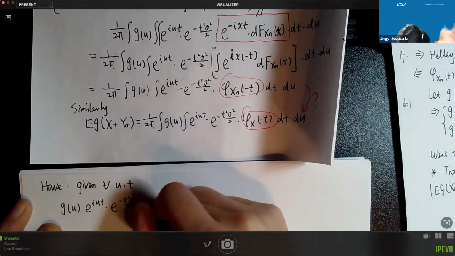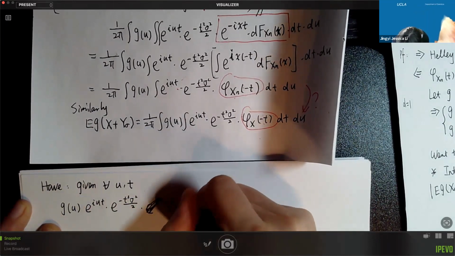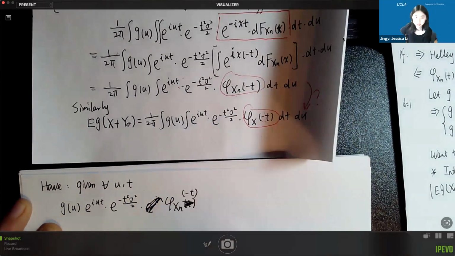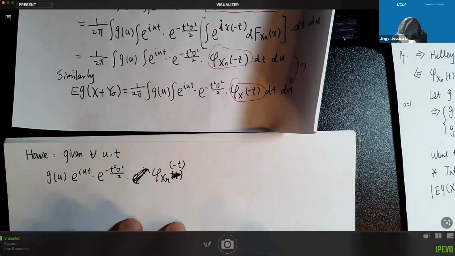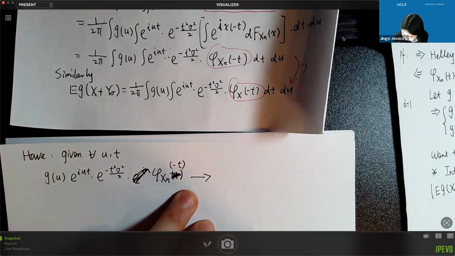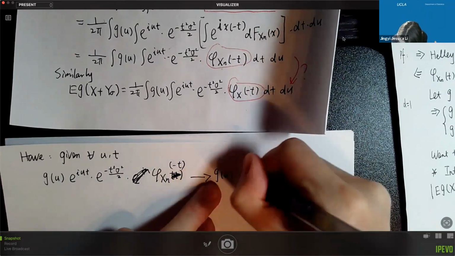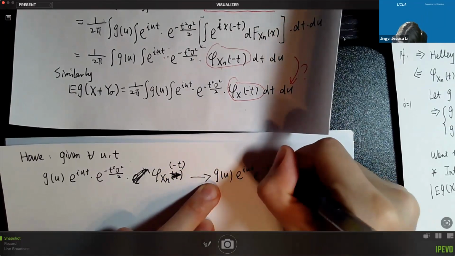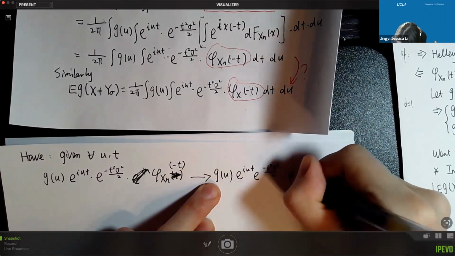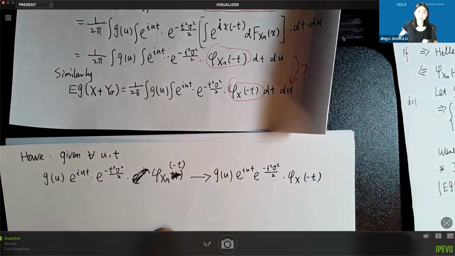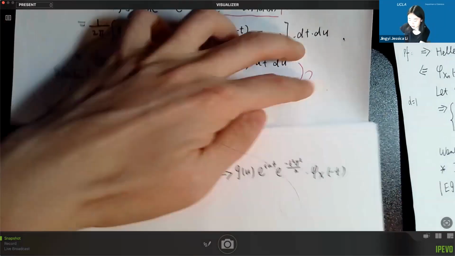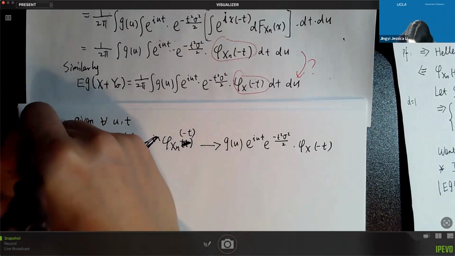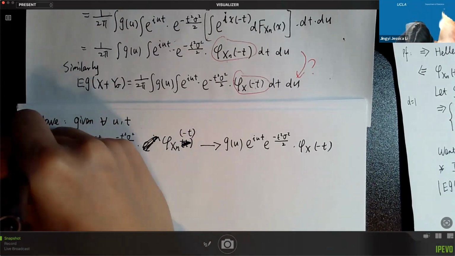Sorry, my bad. This thing on the left-hand side converges to g(u) times e^(iut) times e^(-t²σ²/2) times phi_X(-t). So we have that. For any given u and t, I have the pointwise convergence, right? In functions, we call this pointwise convergence.